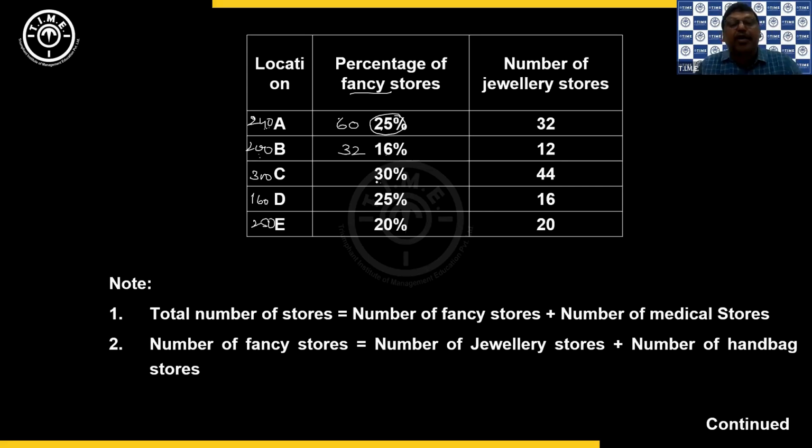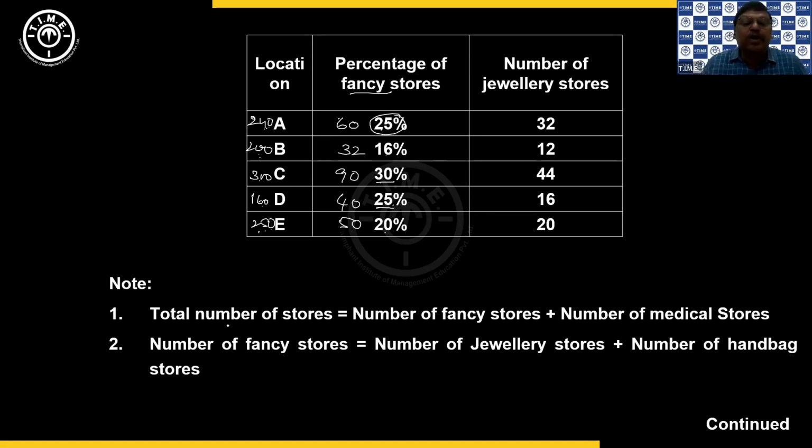Percent means per 100. 30 per 100 means for 300, 3 3s are 9, so 90. 25% means 1/4. 1/4 of 160 is 40. So students, next, 250 there, 20%. 10% is 25. 20%, students, is 50. Okay.